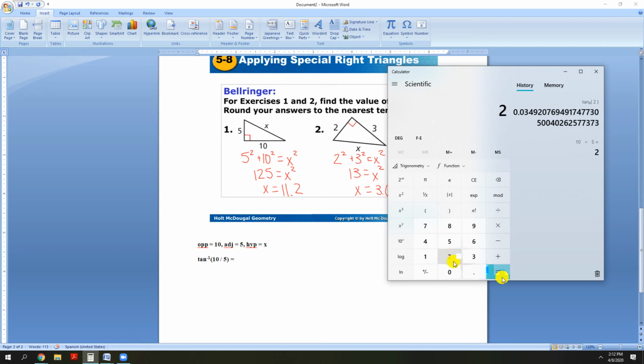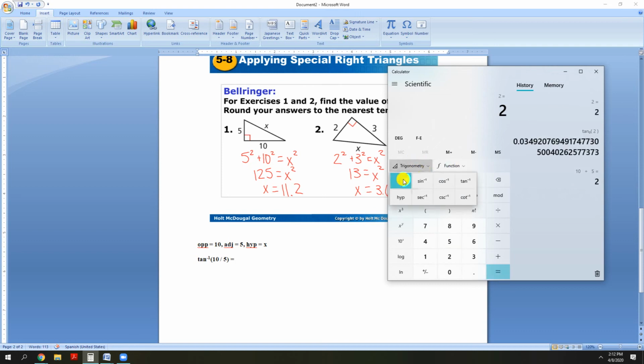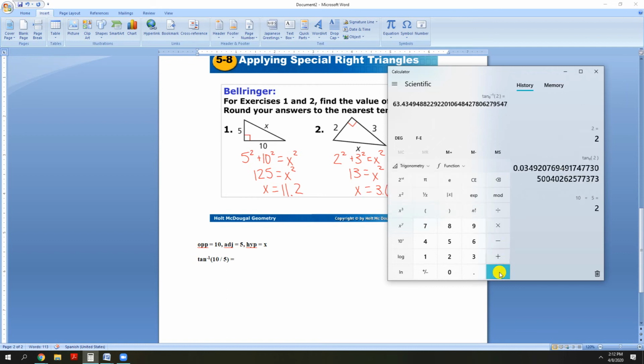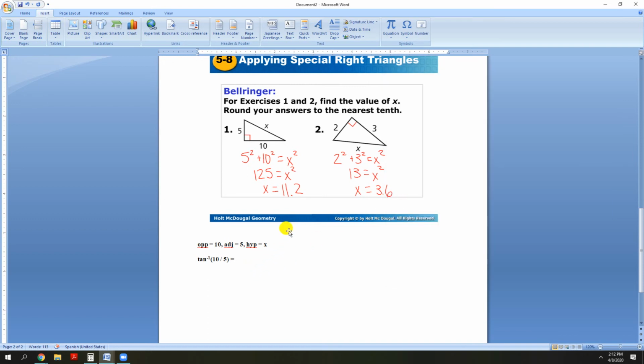Okay, so we need 2, because 10 divided by 5 is 2. Then we need to take the inverse tangent of 2. And we figured that it's 63.43 degrees, and that's my missing angle.